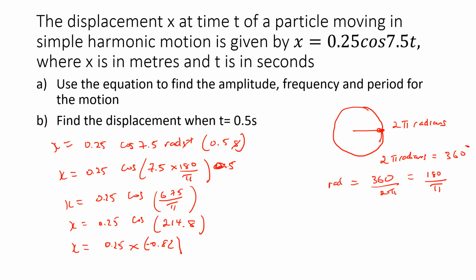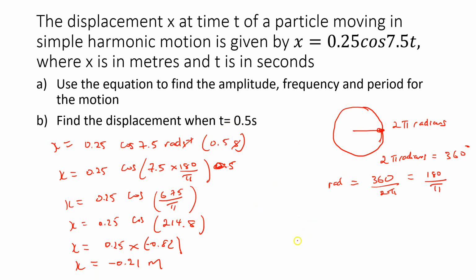Negative 0.82 times 0.25, we get that the displacement is going to be equal to negative 0.1 meters. Right? So that is your displacement when you are at 0.5 seconds.